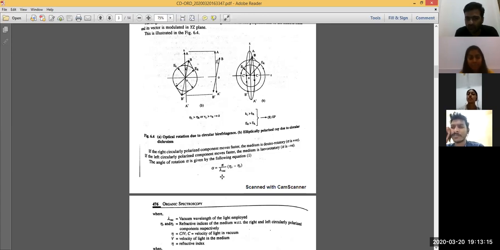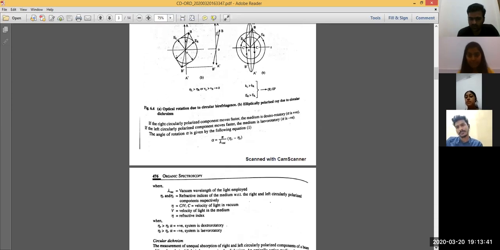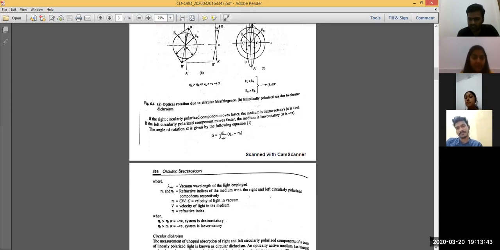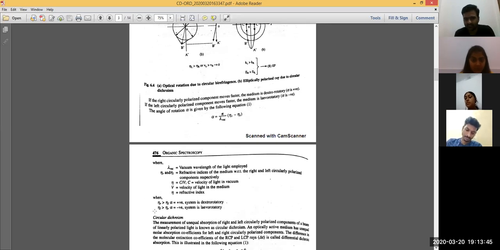Now we have 1 upon lambda. Lambda is the wavelength of light that is being incident on the chiral medium. Then you have a difference between the refractive index of RCPL and LCPL. They've given you all of this on page number 476, where lambda is the vacuum wavelength of light employed.